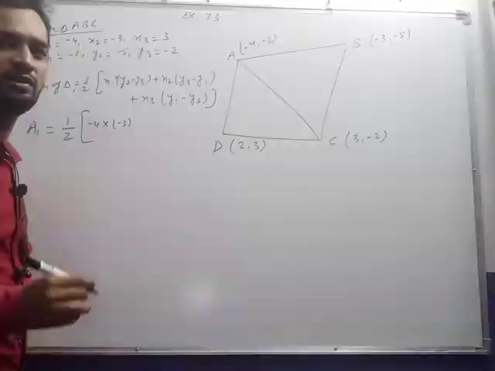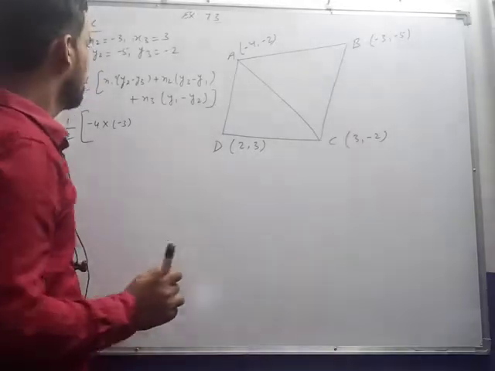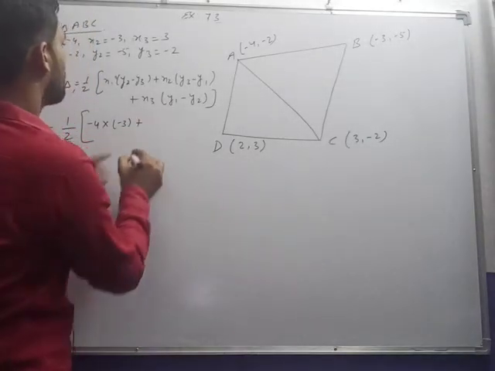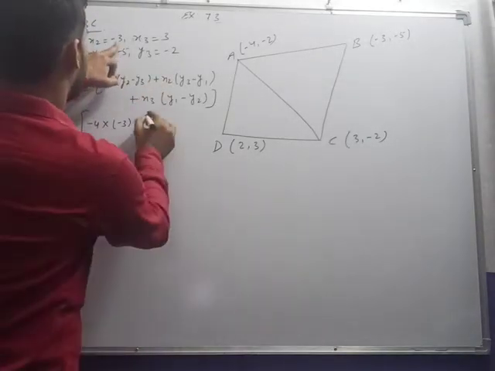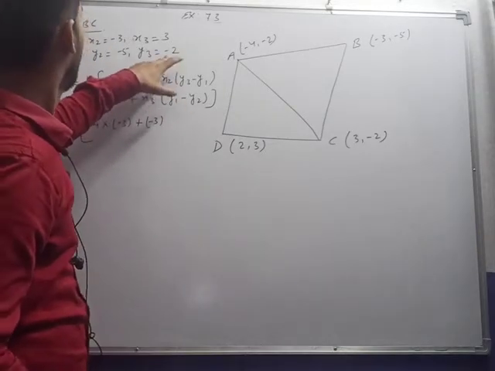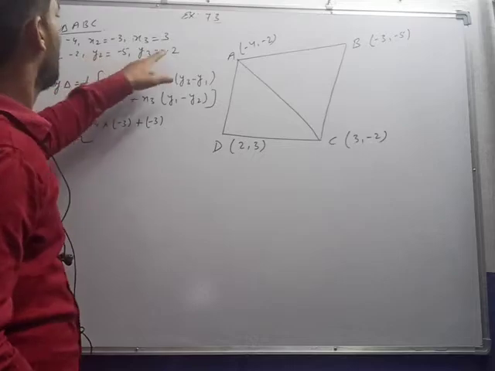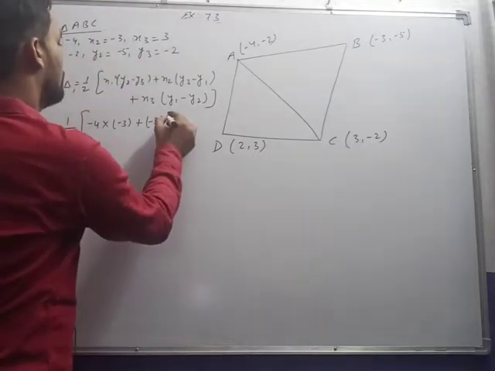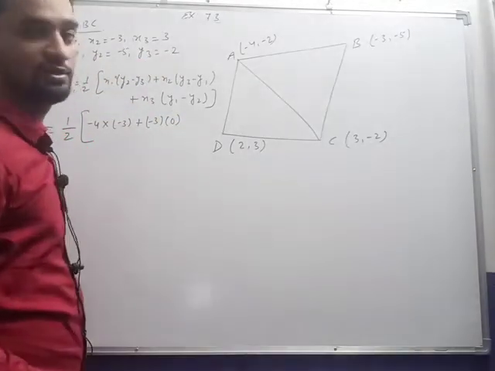You can calculate carefully. Then plus x2, which is minus 3, times y3 minus y1, minus 2 plus 2, which is 0.